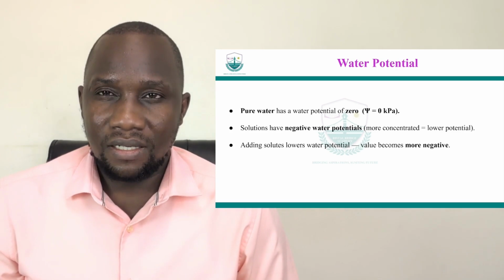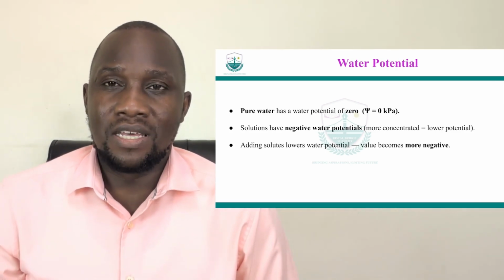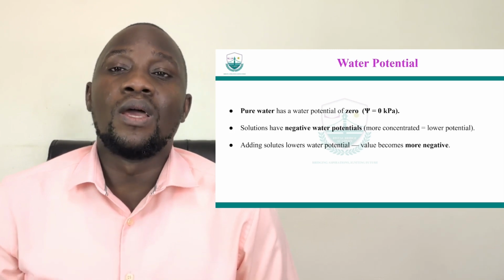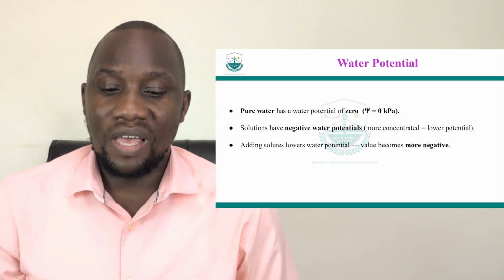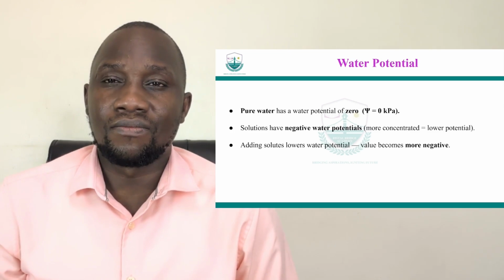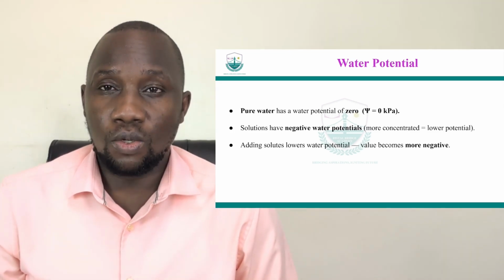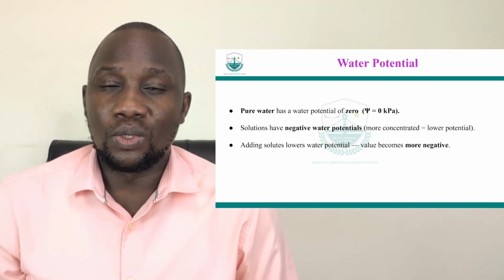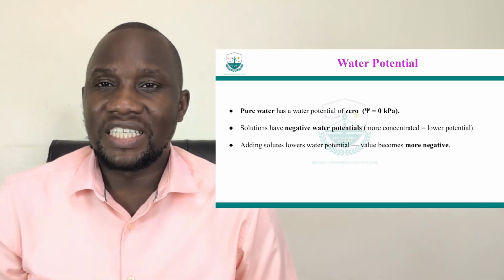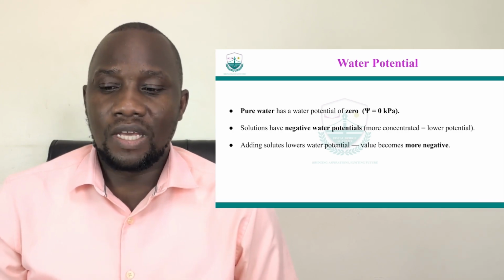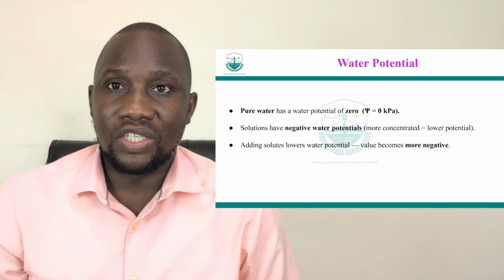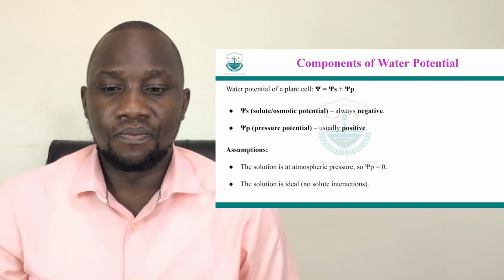When you add solute to that water, you are making that solution's water potential become negative. When you add a solute to a solution, you are decreasing its water potential. The water molecules will be reluctant to move out. So adding solutes reduces the water potential, it becomes more negative.